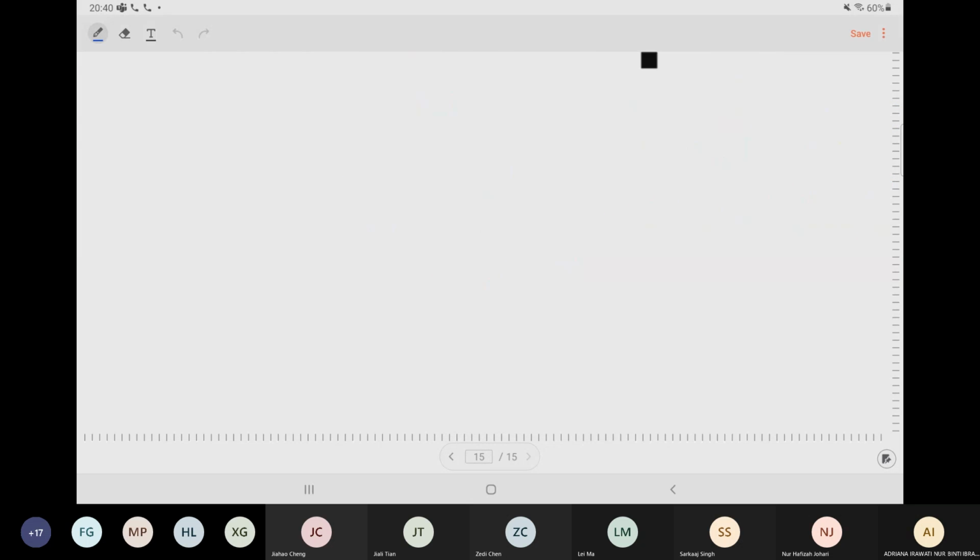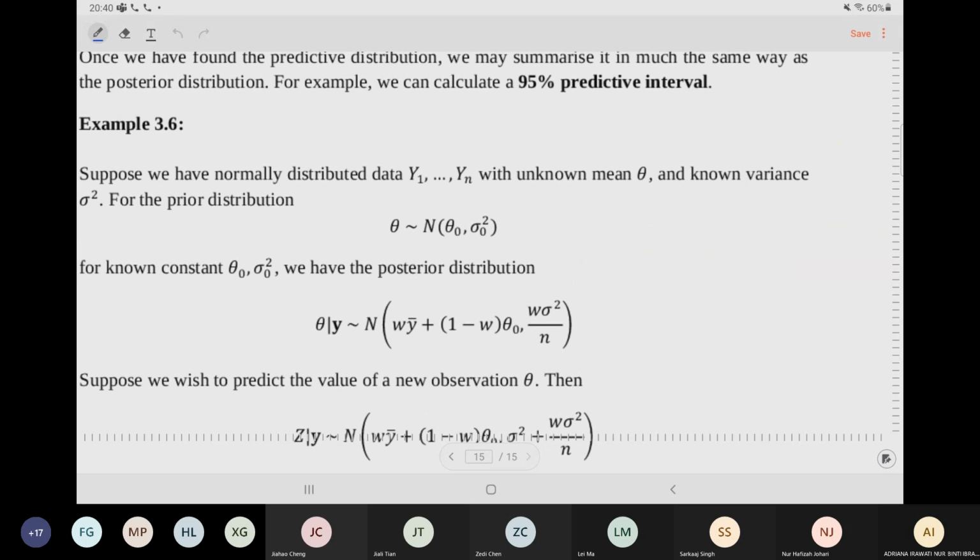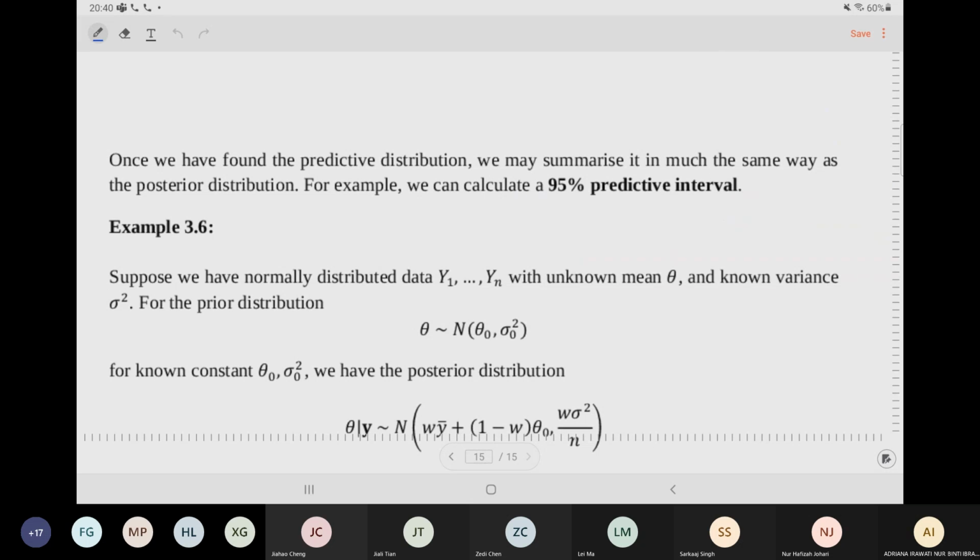Okay, that one is how you find the mean and variance. After you have found the predictive distribution, we can use it the same way as we use a posterior distribution. For example, we can calculate a 95% predictive interval.